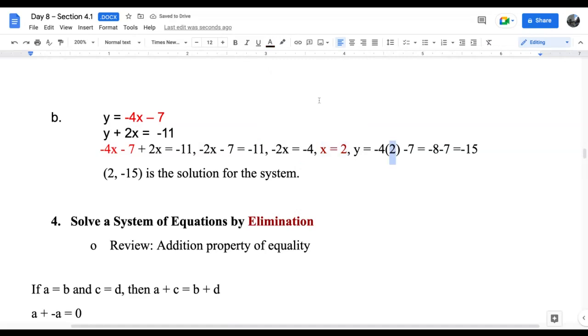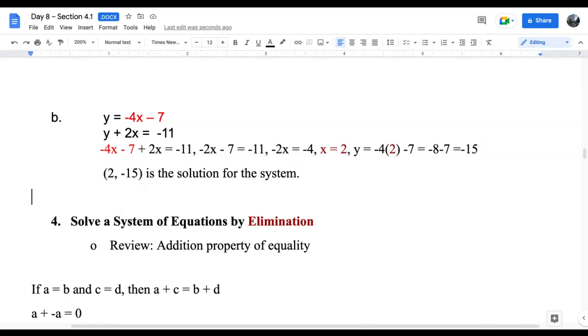Negative 4 times 2 is negative 8, minus 7 is negative 15. So those two lines meet at (2, negative 15), which means the system of equations has one solution. The x value is 2 and the y value is negative 15.